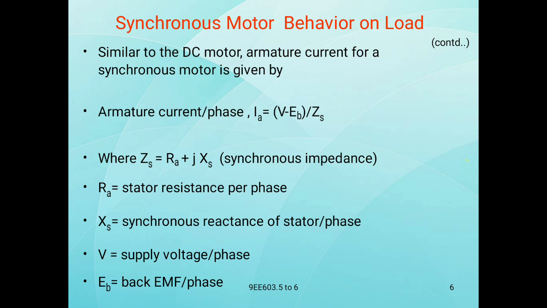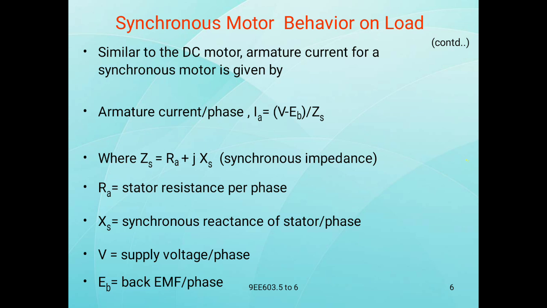Similar to the DC motor, the armature current per phase for the synchronous motor is given by Ia is equal to (V minus Eb) by Zs, where Zs is equal to Ra plus jXs, the synchronous impedance.